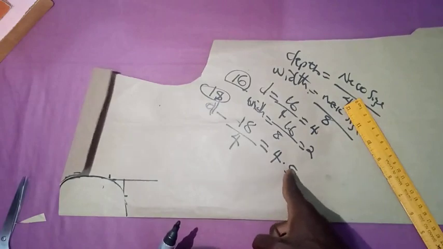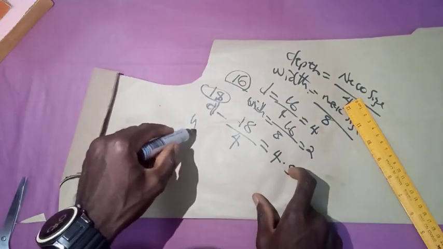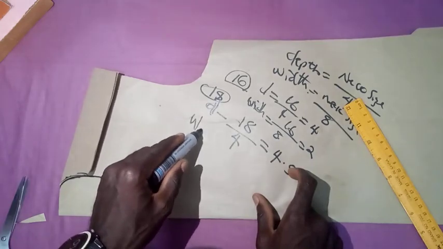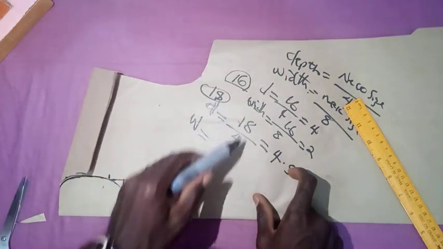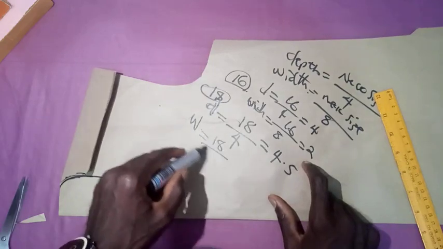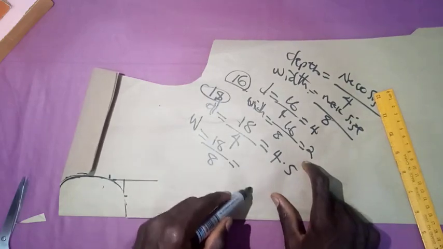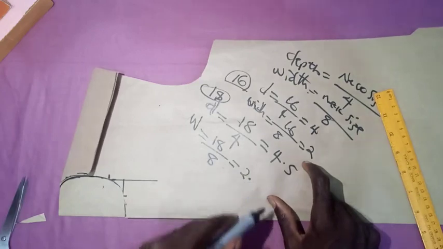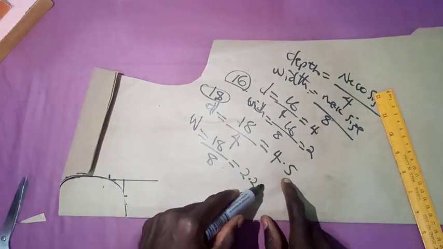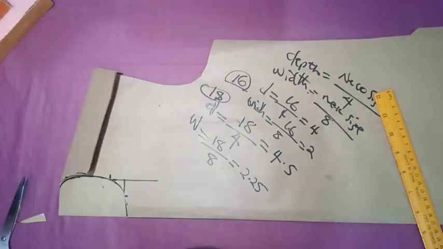And for the wideness of the neck, you divide the neck size by 8. So if you divide 18 by 8, this will give you 2.25. Yeah, this will be 2 1/4, right?